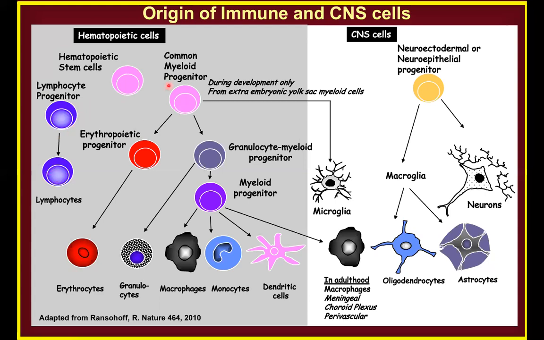The common myeloid progenitors, early in development from the embryonic yolk sac, give rise to these long-lived tissue macrophages, not only in the brain, but in several tissues, including the liver and lung. And so microglia actually come from this embryonic yolk sac, and they come to the brain early in development. In rodents or mice, it's embryonic day 8.